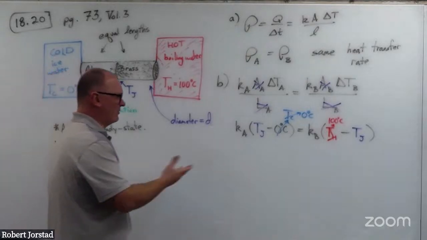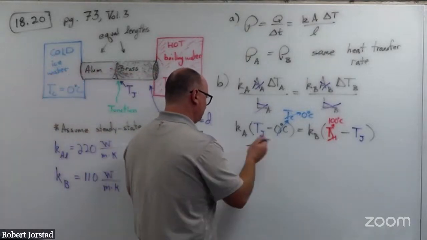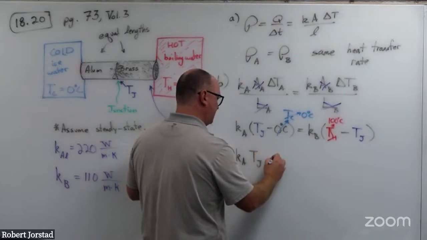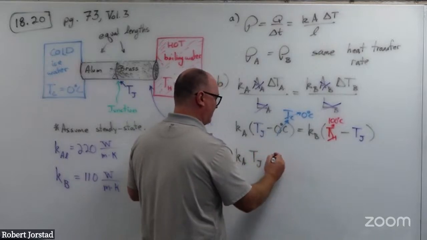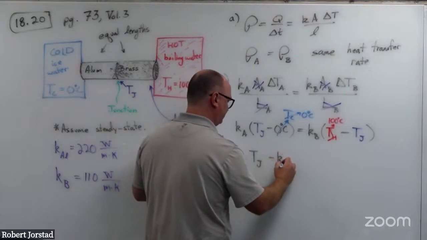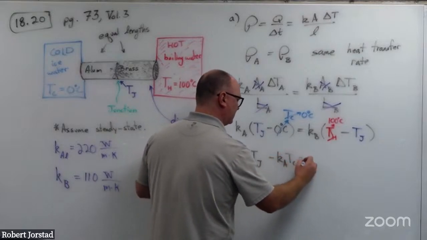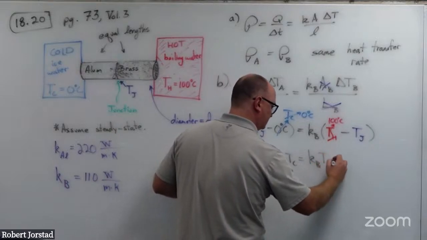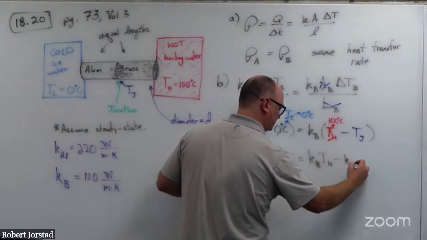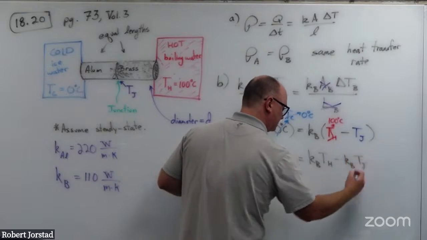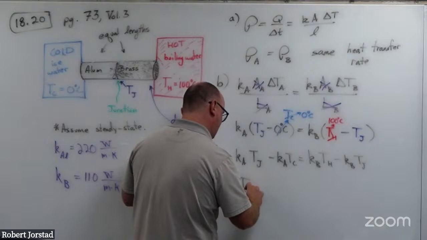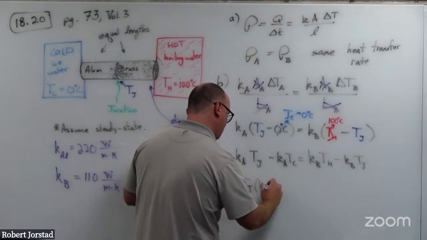So now what are we trying to do? Ka Tj minus, oh, that's the only term on this side. Well, let's do it. Moving these Tj terms together, you get Tj times (Ka plus Kb).